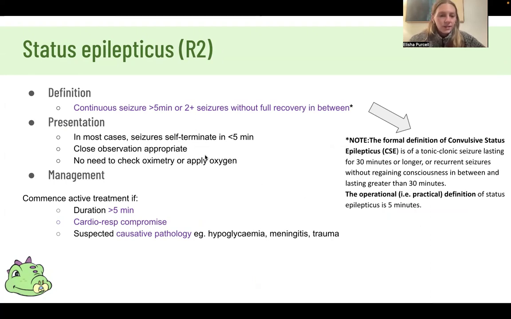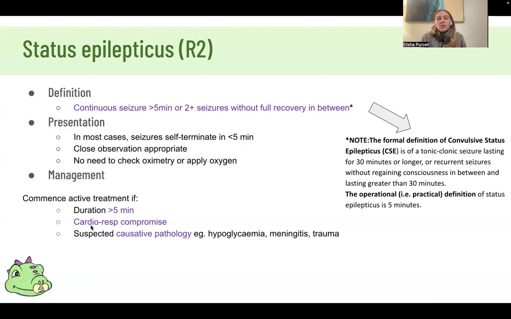So how they present, obviously, you're getting the seizure, and pretty much the definition is how they present. For management, the management is where the money is for status epilepticus. Obviously, you need to know the definition, but then the management is the next big thing.